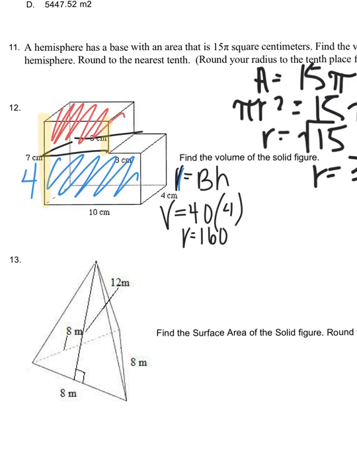Volume of the second one, which is the red one, the base on that figure, well, again, I see that this whole thing is 10. And this is 3. So what's left is that this is 7.